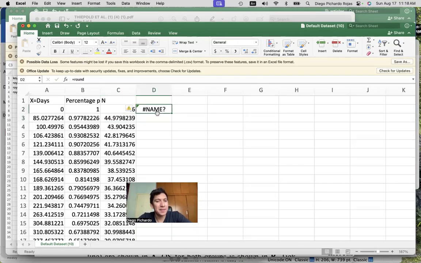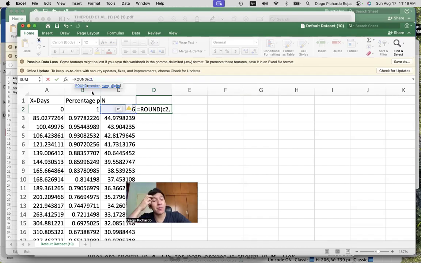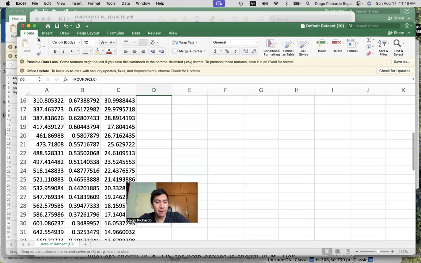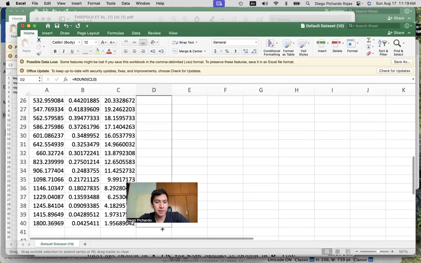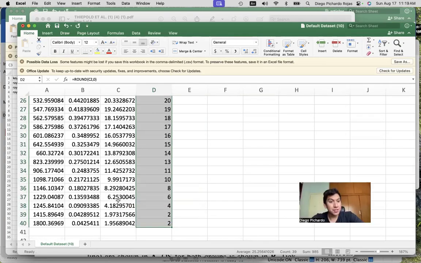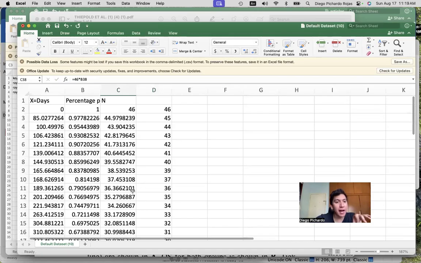So what we're gonna do is round C2, and then you have to put how many digits you want to round. And now we want 0 digits because we don't want any decimals, all right? So 46, and now we're gonna put it down. Good.